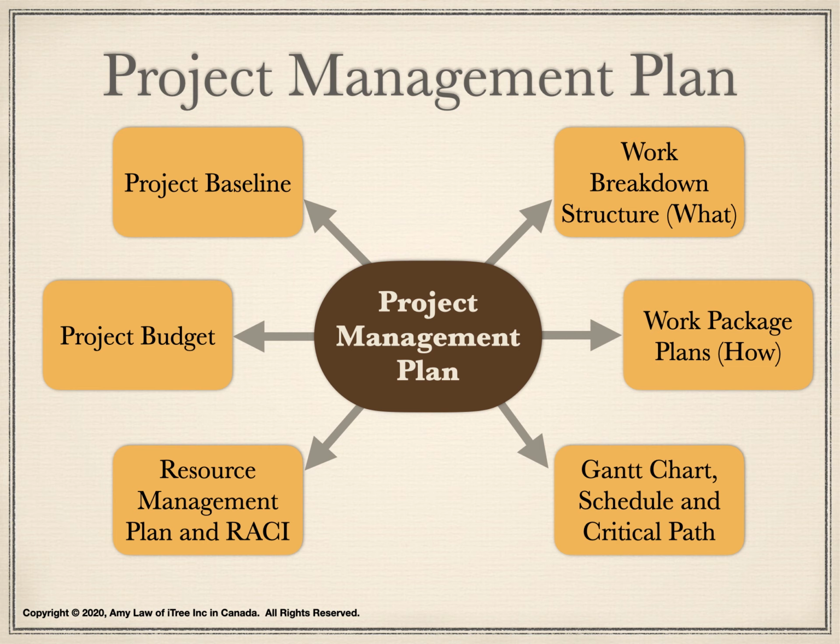In summary, the project management plan includes work breakdown structure, which refers to what the project will do. The project management plan also includes work package plans, which refer to how the project will complete. Each work package plan includes all activities for the work package, resources involved in the work package, and associated dependency, duration, effort, labor rate, and other non-labor expenses.